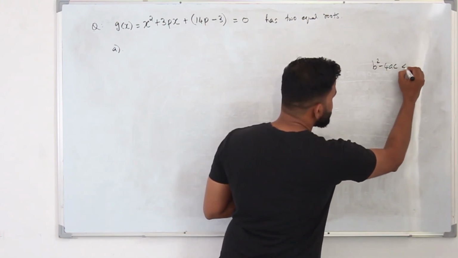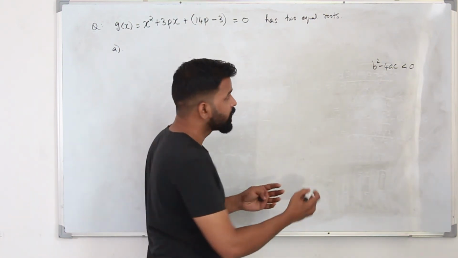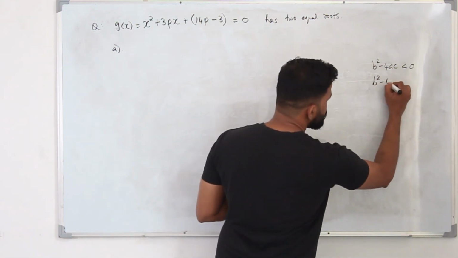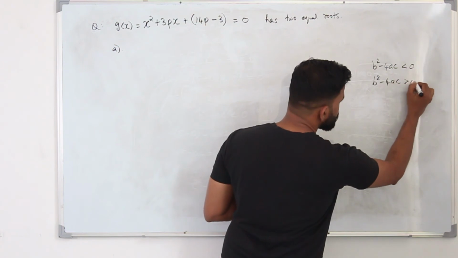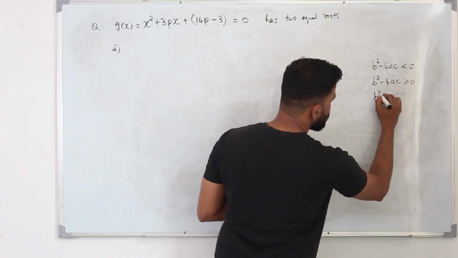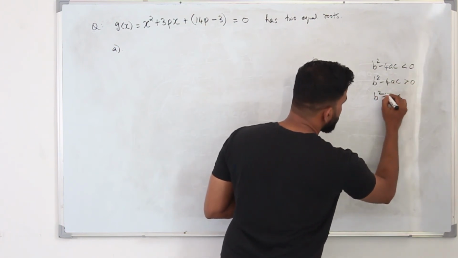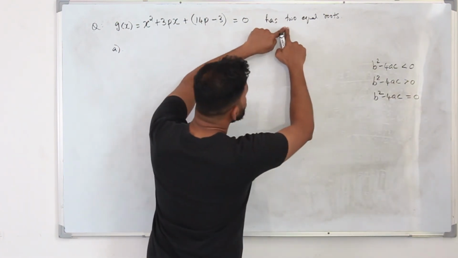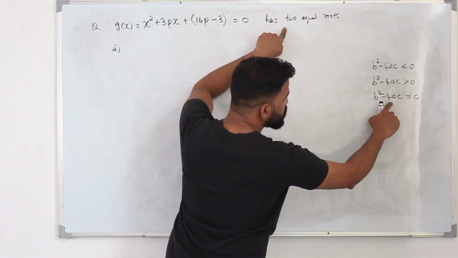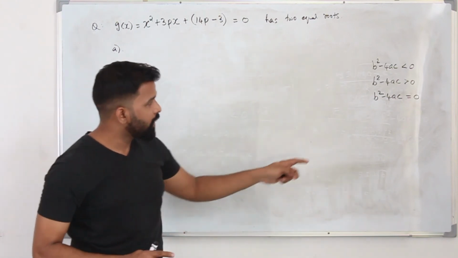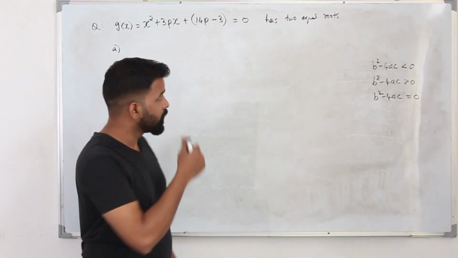When the question says no real roots, it is less than 0. If the question says 2 distinct real roots, it's supposed to be greater than 0. If it is 2 equal roots, you need to use this condition, b square minus 4ac equals 0.